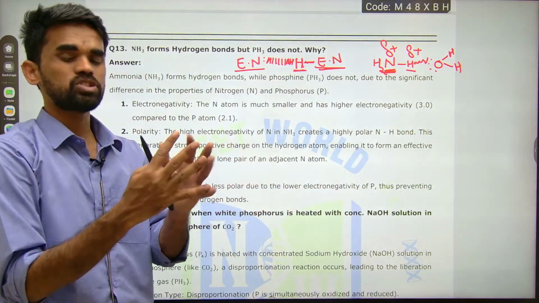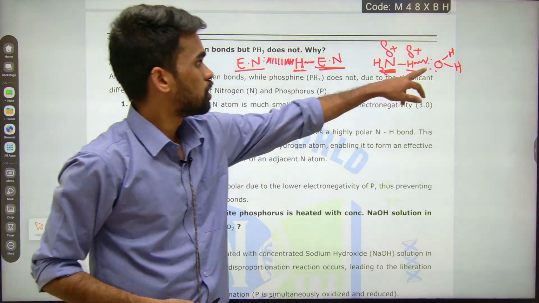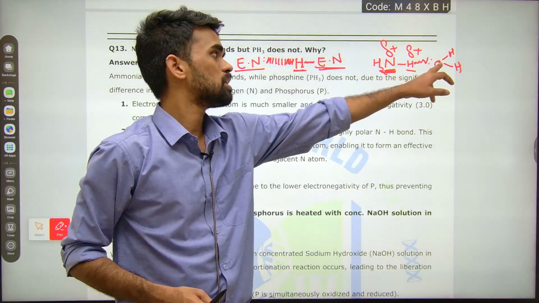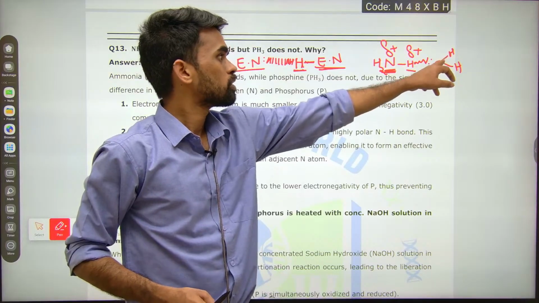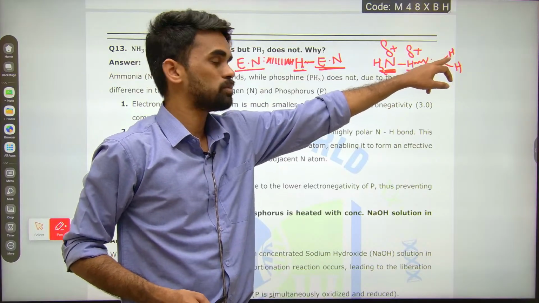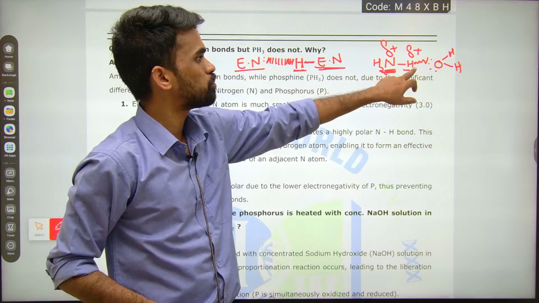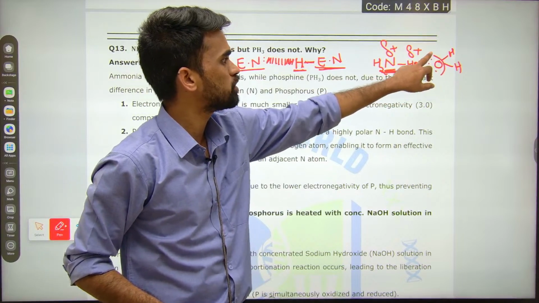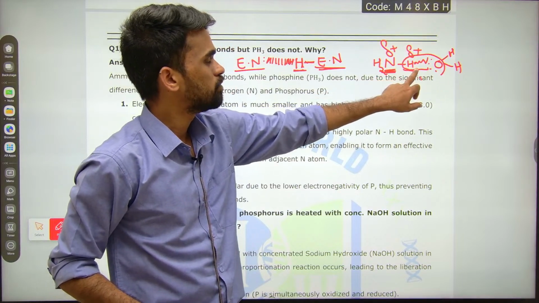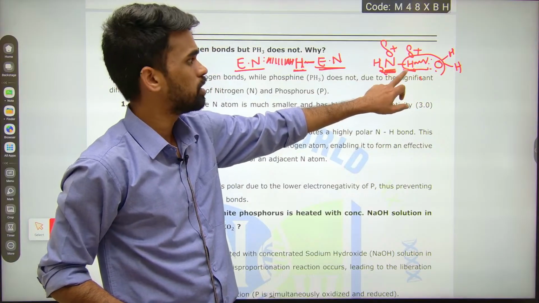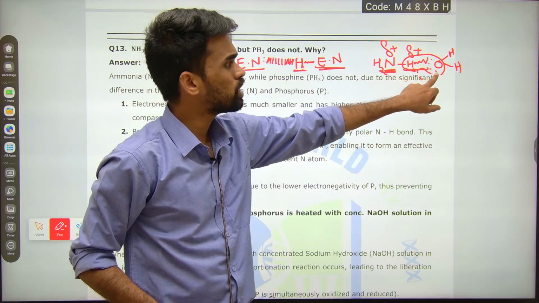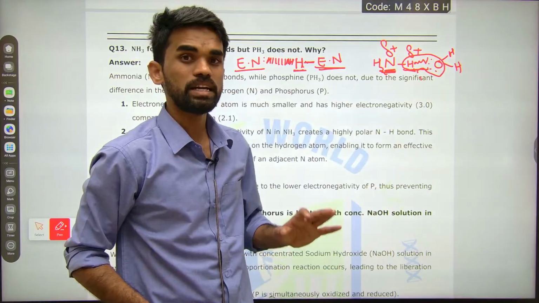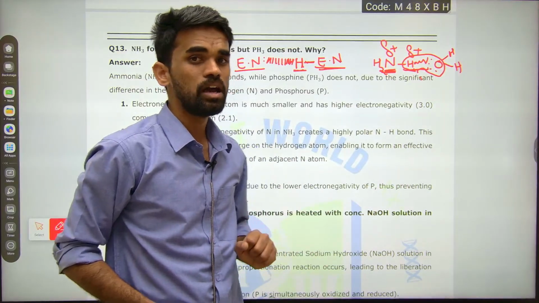There will be electrostatic force of attraction, because there is partial negative charge on oxygen due to the electronegativity difference between these two atoms. So the electrostatic force of attraction between a hydrogen atom attached to an electronegative atom and a more electronegative atom adjacent to it is called hydrogen bonding.